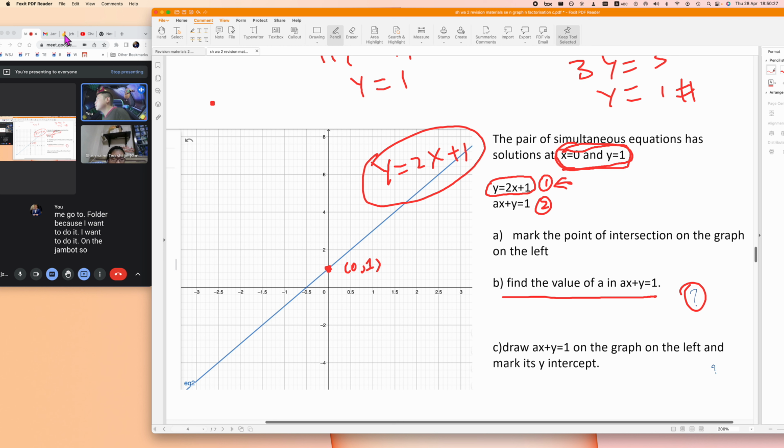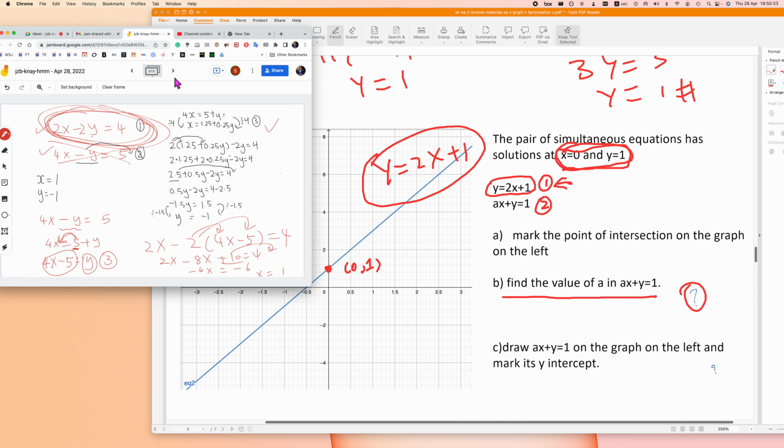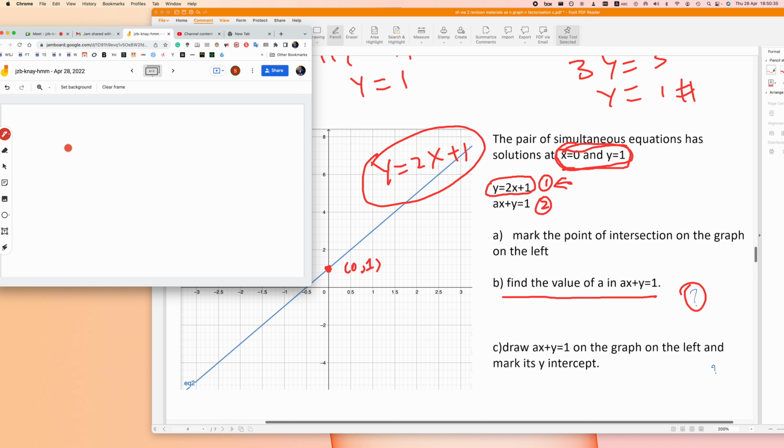So go to slide 3. I'm going to write y equals to 2x plus 1. And then below is ax plus y equals to 1. Then the point of intersection is x equal to 0, y equals to 1. So this is, they say, the pair of equations has a solution. So this is the solution.